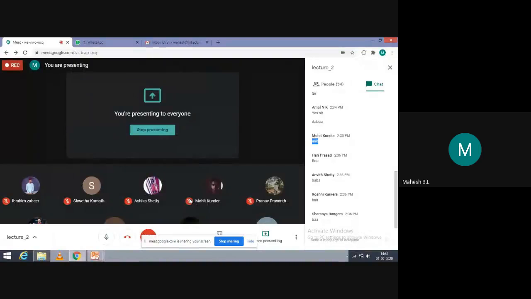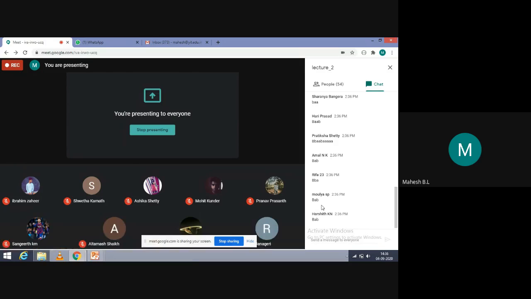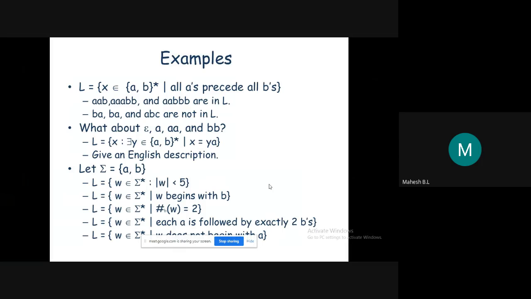W begins with a B. Yes, some nice examples. Okay. So you can have a string of any length, but the only condition is that it must begin with a B.